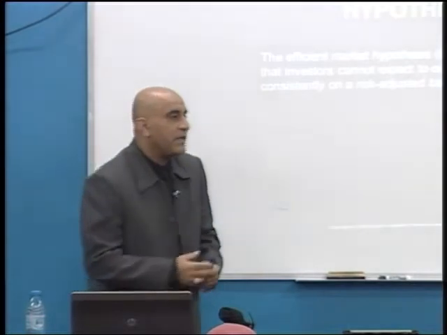What is the efficient market then? There are many explanations of efficient markets. The important explanation is that investors cannot outperform the markets. In other words, you cannot get an abnormal rate of return.